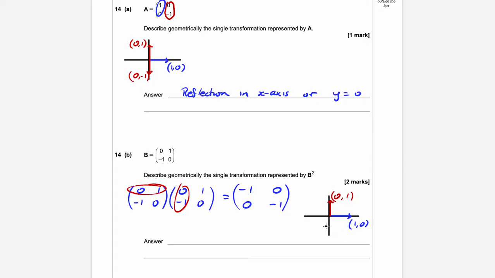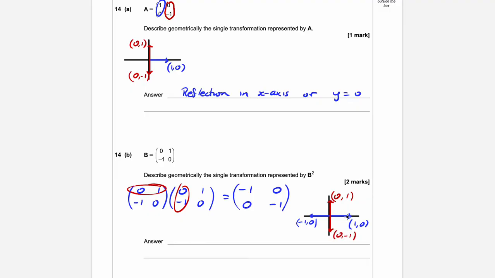Okay, now the 1, 0 has gone to minus 1, 0. So the blue one has gone over here to minus 1, 0. And the red one has gone over here to 0, minus 1.